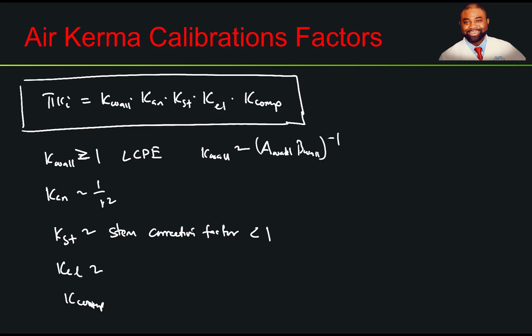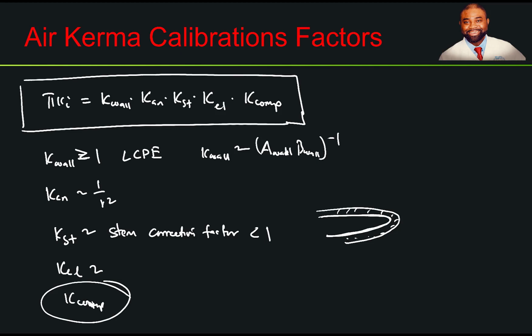Let's say you have a chamber here and you insert a sleeve. Now, the material with which the sleeve is made is different from the material of which the chamber walls are made. It introduces errors in our measurements, and to account for these errors, you look at K-comp.